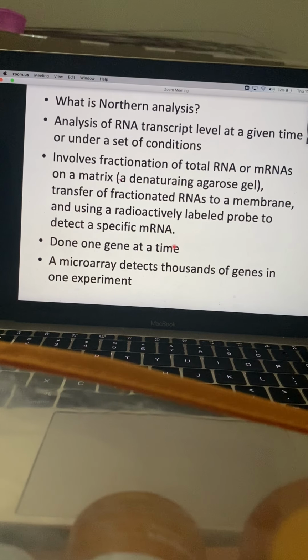This, of course, is done one gene at a time, so this is very time consuming, whereas with a microarray, you are examining, in the case of yeast, 60 to 100 genes in one experiment. Okay? That's the big improvement in the impact of this technique.